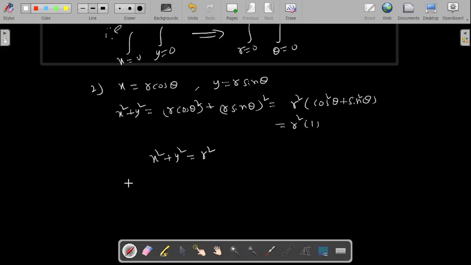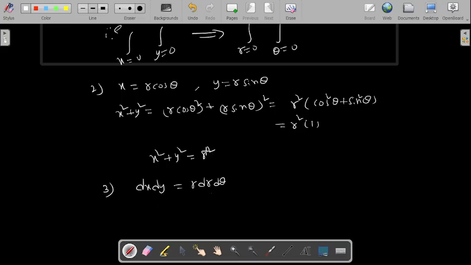Next, the third note point, which you may not be aware of. If anybody asks what dx dy is in polar coordinates, when you convert into r cos theta, r sin theta, the value is r into dr d theta. Not dx dy equal to dr d theta, it is r into dr d theta.